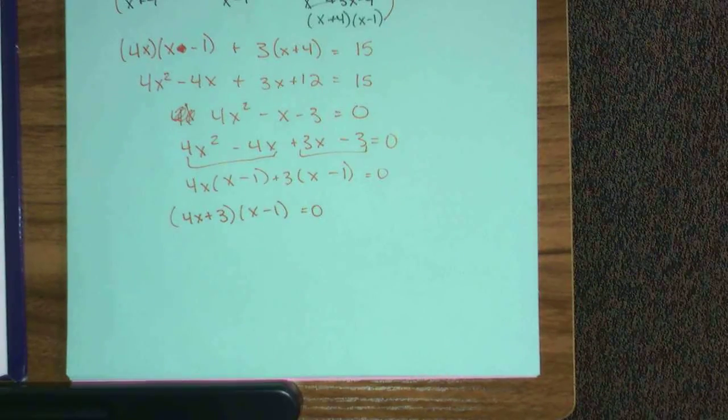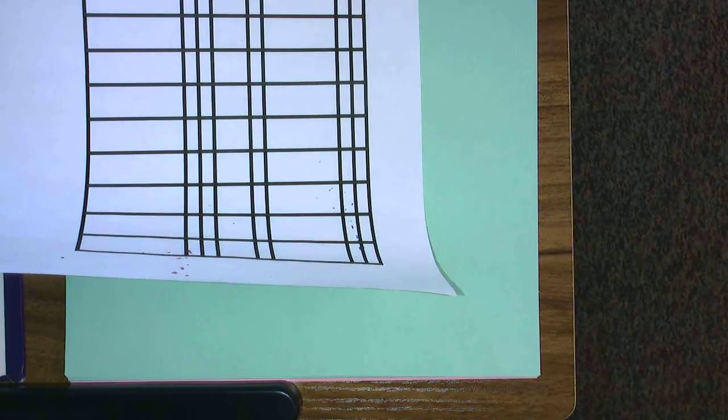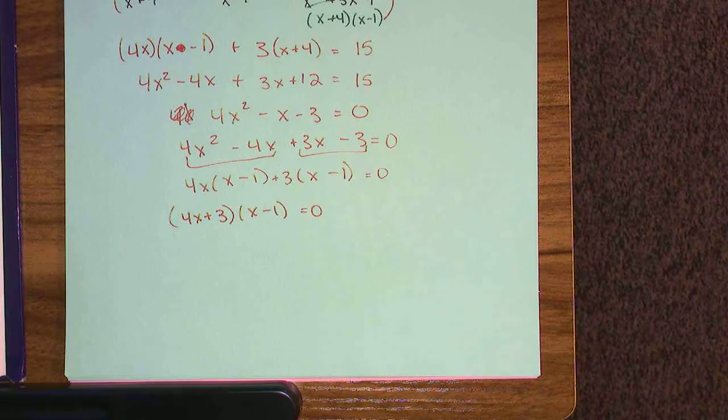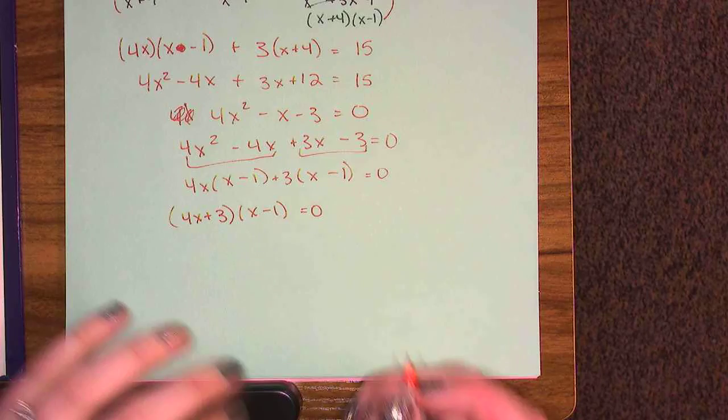I don't know if this will help, but I want to see if I can focus it in a little better. Might just be the marker. A little bit. And so then what do I get for my x values?